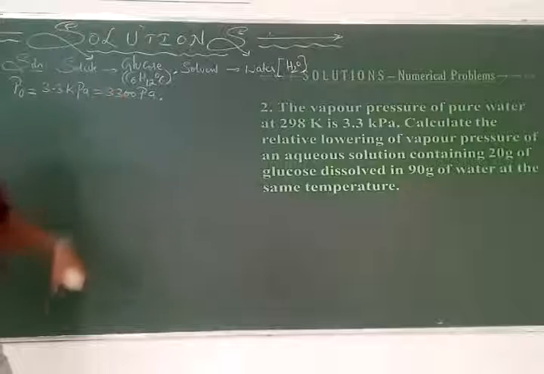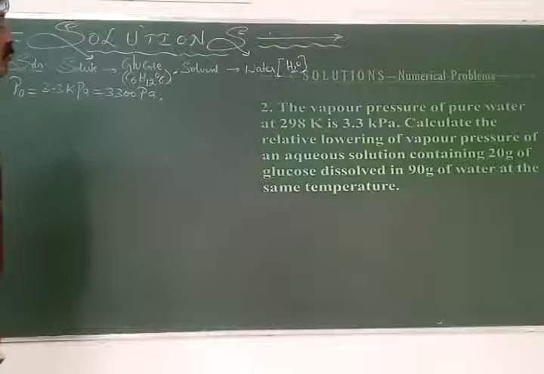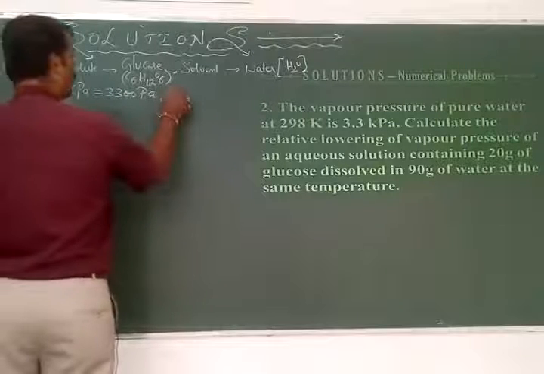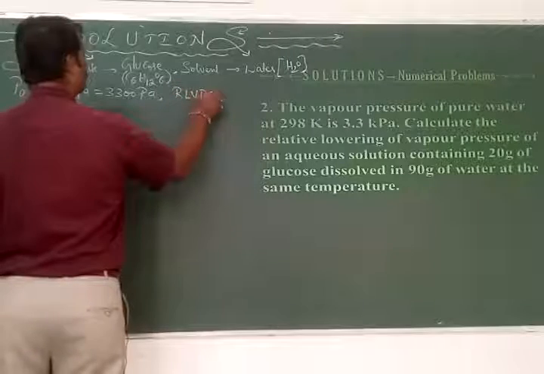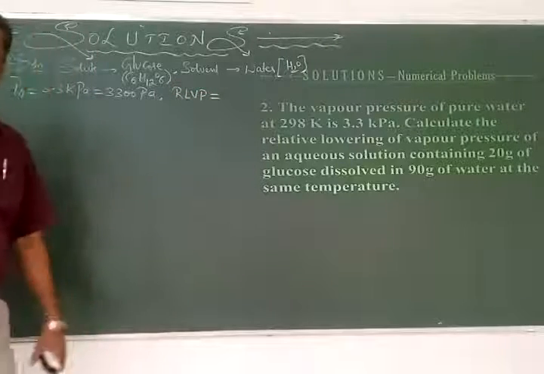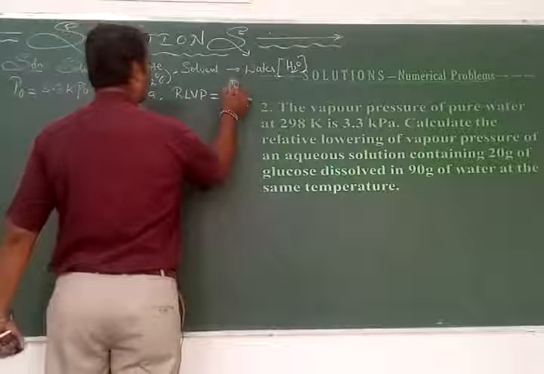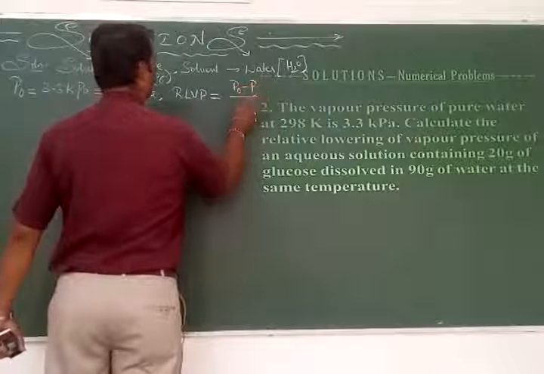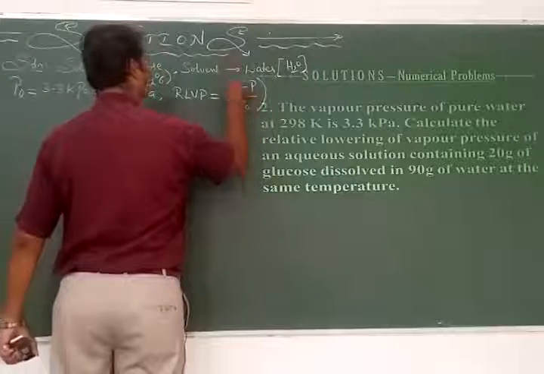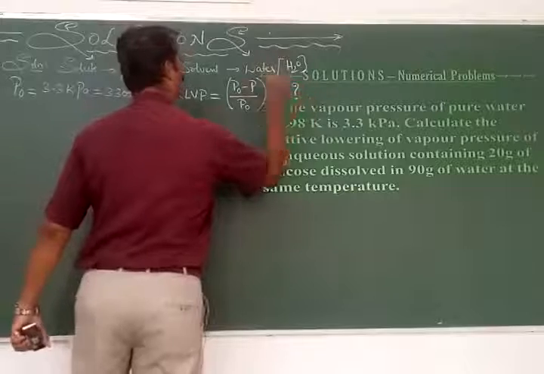Okay. Calculate the relative lowering of vapor pressure. RLVP, relative lowering of vapor pressure, is given by P naught minus P divided by P naught. That is what we have to find out.